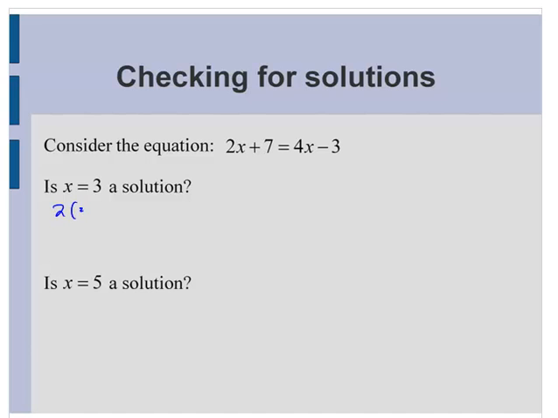So is 2 times 3 plus 7 the same as 4 times 3 minus 3? Following the order of operations, 2 times 3 is 6, plus 7 is 13. 4 times 3 is 12, minus 3 is 9. Since 13 is not equal to 9, is x equals 3 a solution? No.